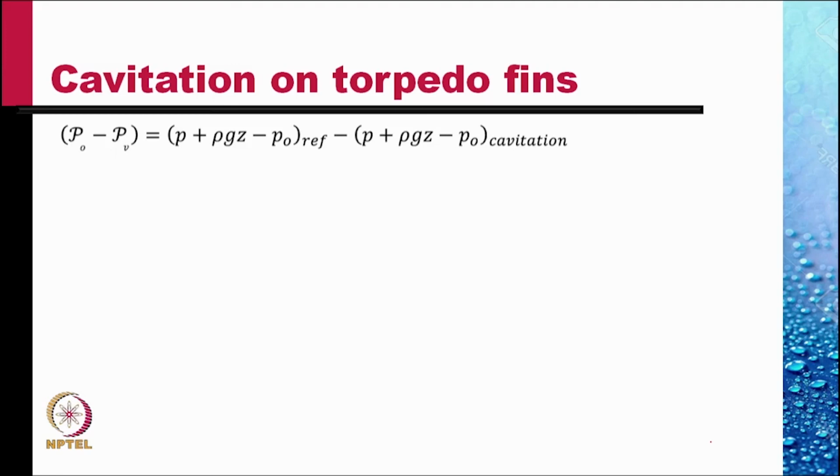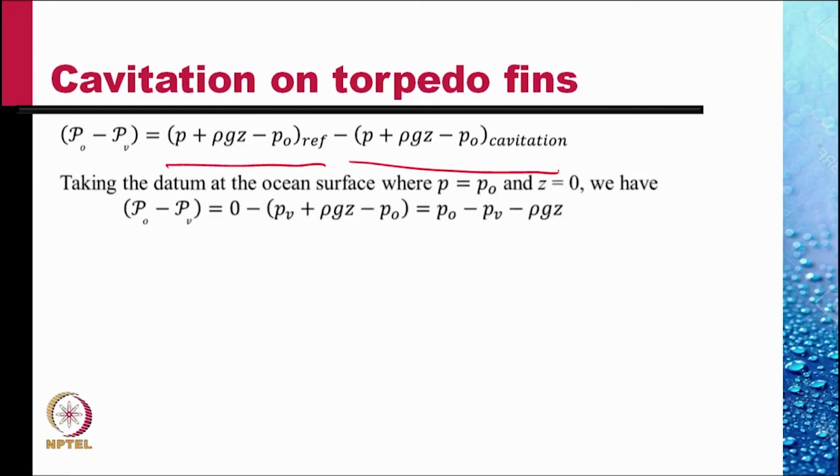Script P naught minus script P V is like this at reference pressure P naught and at cavitation. Taking the datum at the ocean surface, P is equal to P naught and Z is equal to 0, we get this value is equal to P naught minus PV minus rho G z.